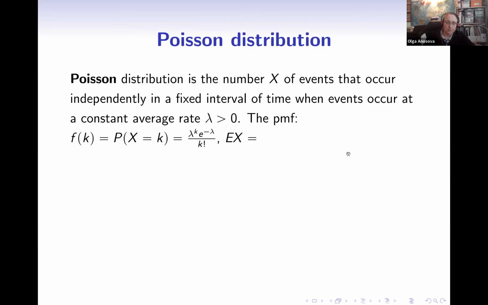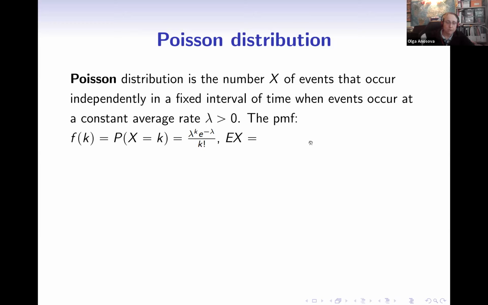Yes, and by the way, obviously, that's right. And then we can define the probability mass function by this formula. That will be this rate multiplied by e to the power of minus this rate, divided by k factorial, where k is the number of successes.